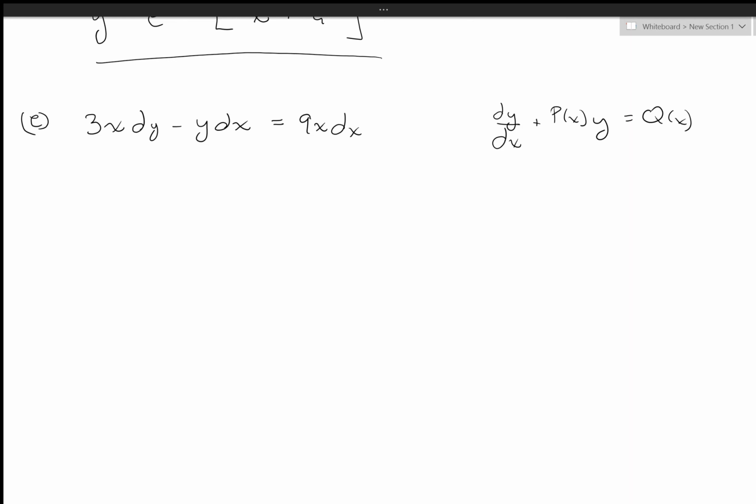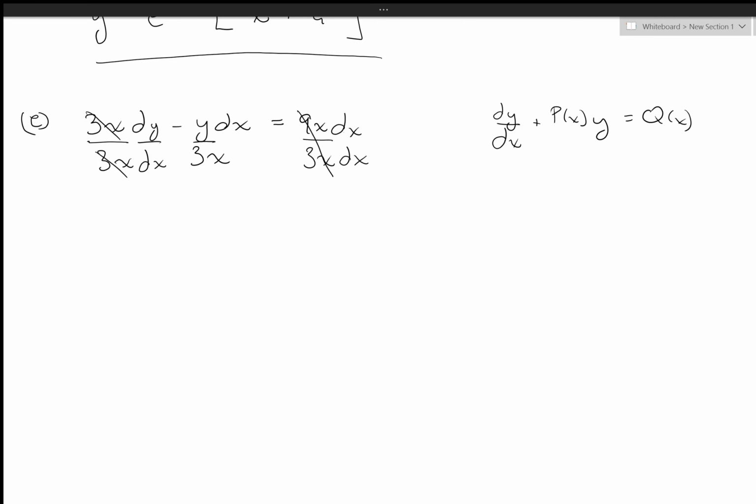So what we do is divide both sides by 3x dx, right? Because we want dy/dx. We want this to cancel.